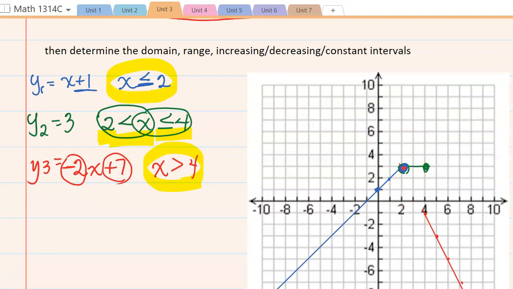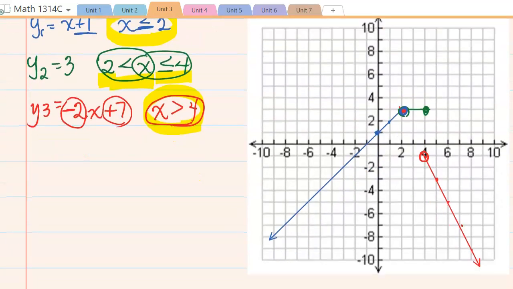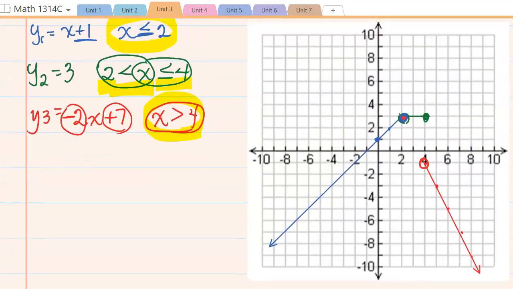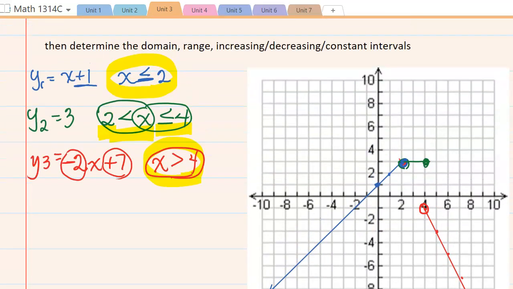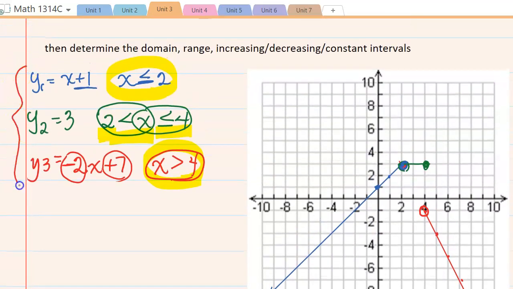Now let's take a look if we need to have an open circle or closed circle. Since we do not have an equal to, this is going to be an open circle. And we still have our line continuing all the way down. So that ends our graph. We are done with our graph. We have graphed all 3 equations with all 3 domains set forth.